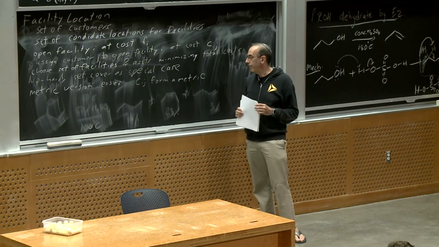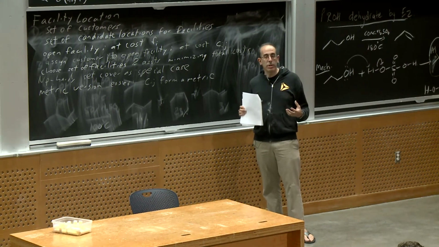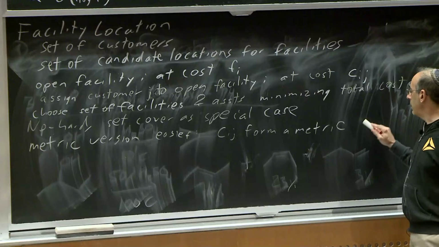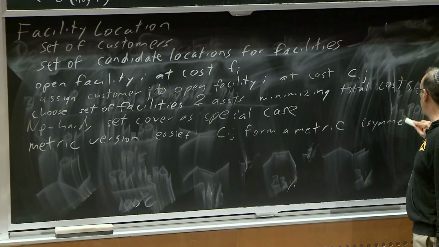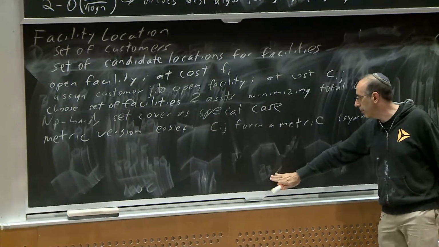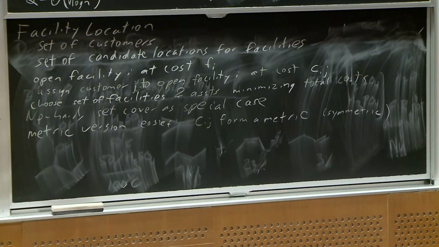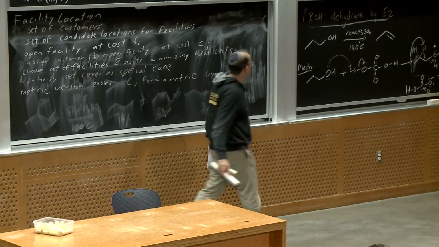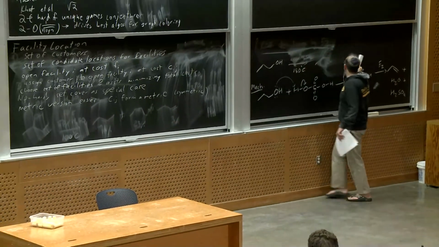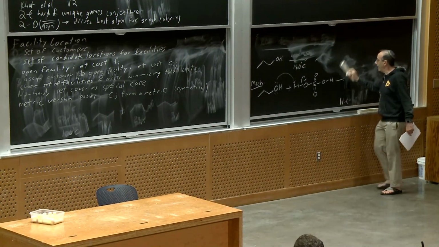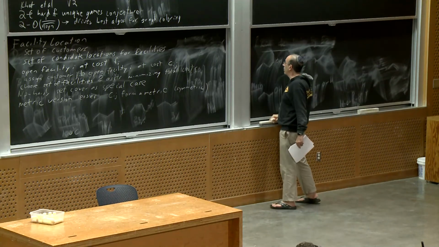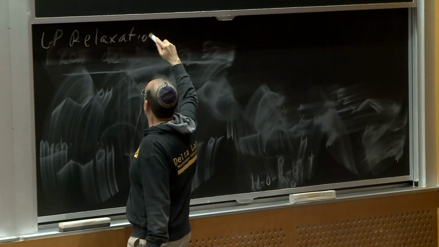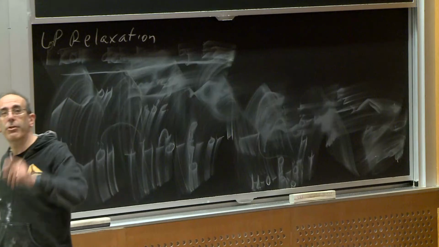If two customers are close to the same facility, then they're also close to each other, and so forth. And this is symmetric, of course, as well, your typical metric. Okay. So that's the problem we're going to try to solve. We're not going to finish today, but we'll get partway there. And so the first thing to do is to think about creating an LP relaxation for the facility location problem. So what should we do? Yes, question?